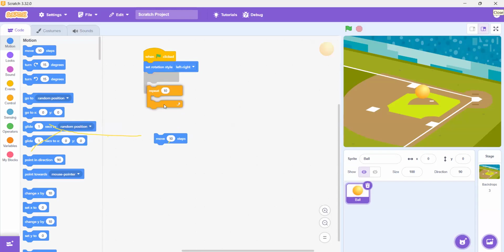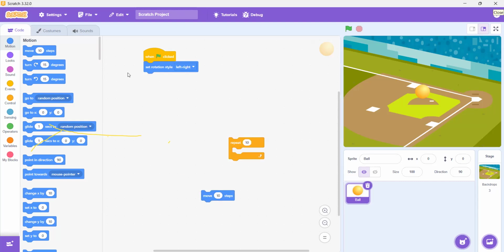Now, if I remove repeat, it is at the same place. I remove repeat. I remove this 10 steps also. I'm clicking. Is it moving? Still no. I remove the rotation style. Is it moving? No. So what have you understood from here?